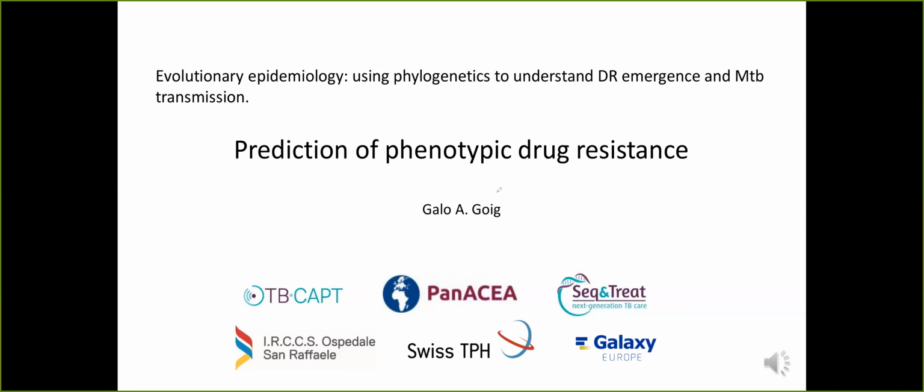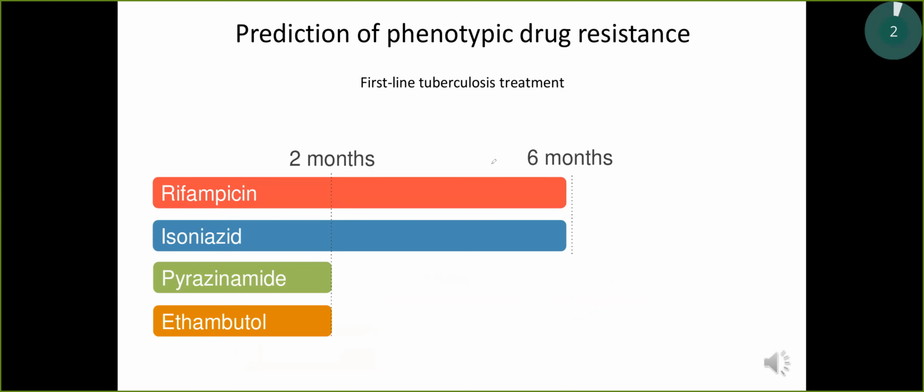So in this first webinar, we will be talking about how to predict phenotypic drug resistance based on whole genome sequencing. As you may know, first-line treatment for tuberculosis consists in a combination of 4 drugs, of which rifampicin and isoniazid are the main drugs used in the treatment.